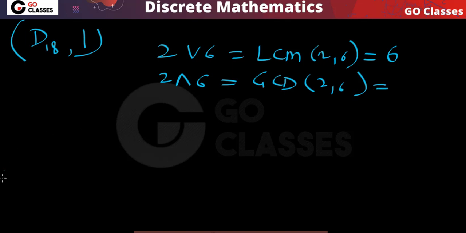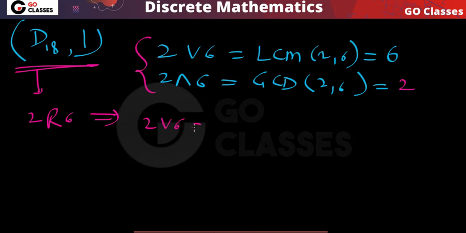So what is the greatest common factor of 2, 6? That is 2. You can notice why this is happening. This is happening because 2 is related to 6, since 2 divides 6, and whenever 2 is related to 6, then automatically the LUB of 2, 6 will be 6, and the GLB of 2, 6 will be 2. Okay, so this is the idea.